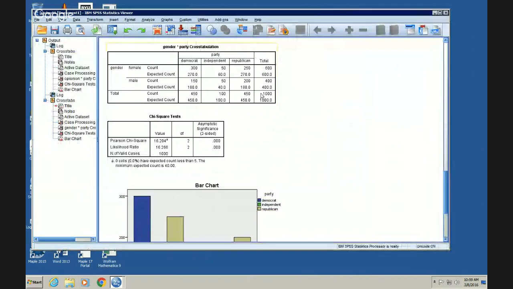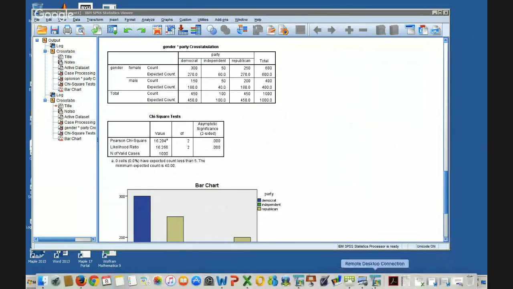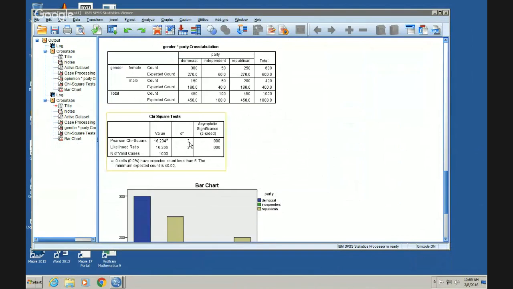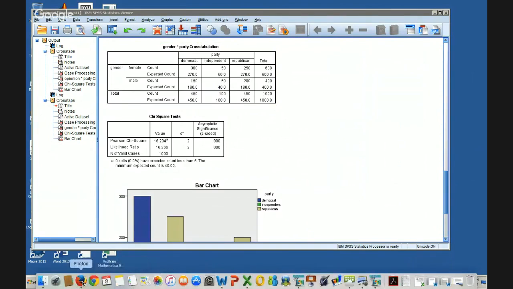I tried doing control and scrolling my mouse, but it makes your pictures at the bottom big, but not the screen that you're sharing. Okay. It's 270, 60, 270, 180, 40, 180. So they're all greater than 5. Yeah.